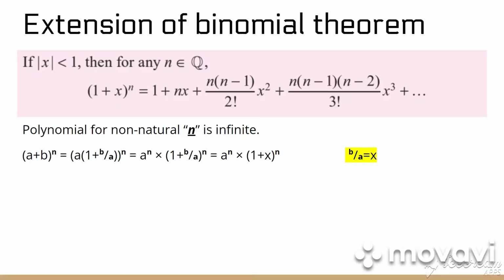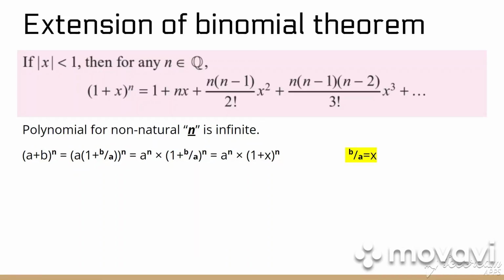So firstly, we need to divide a from the rest of the equation. We divide both parts, a and b, by a. So we will get a multiplied by 1 plus b divided by a, and everything is in the nth power. And then we just take a to the power n out, and 1 plus b divided by a to the power n.